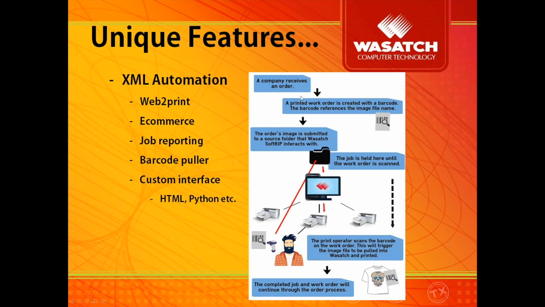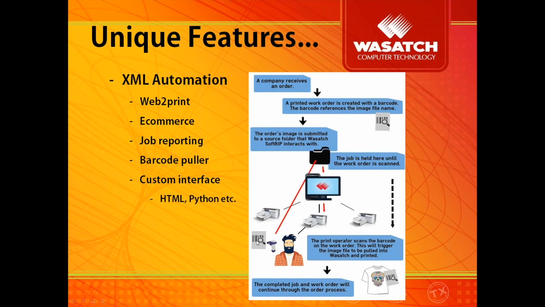This one little workflow here describes a feature that we have where essentially when an order comes in, there's a barcode that's generated, and that's tied to the file that needs to be printed. So this work order gets printed with a barcode that ends up in the operator's hand down here, who has a little scanner. He scans that, and that tells SoftRip to reach and pull the file that is tied to that work order. Okay, so it eliminates mistakes.